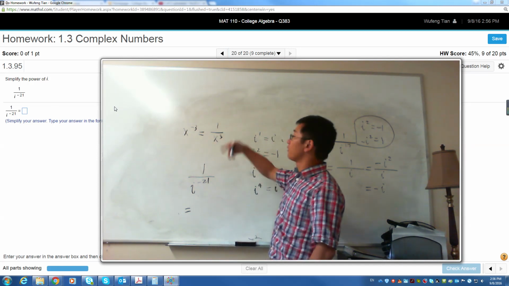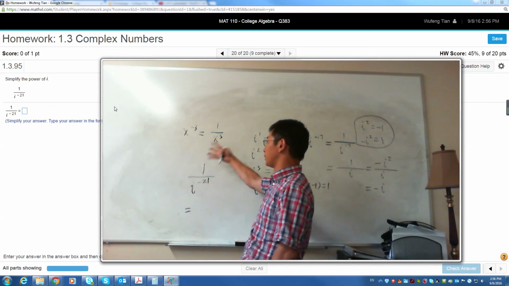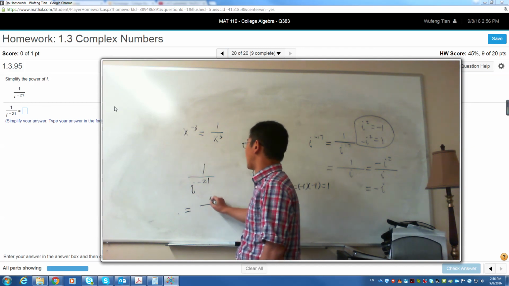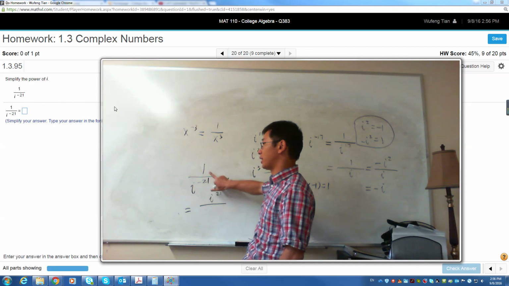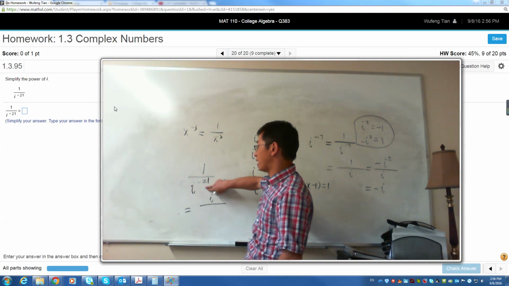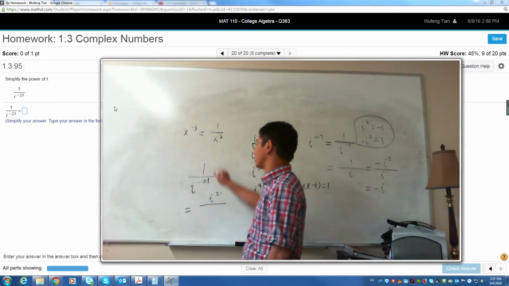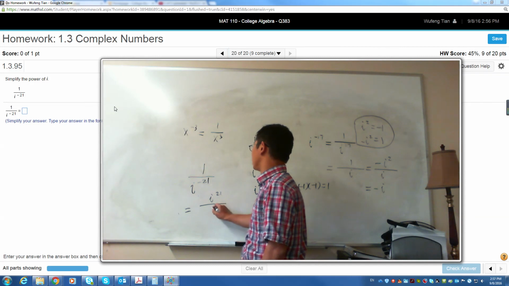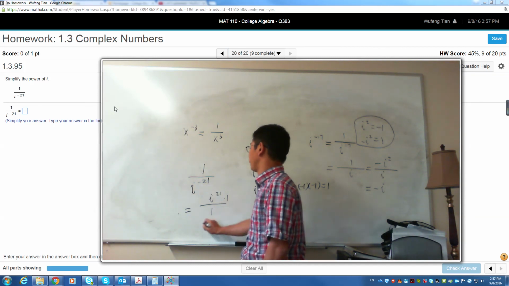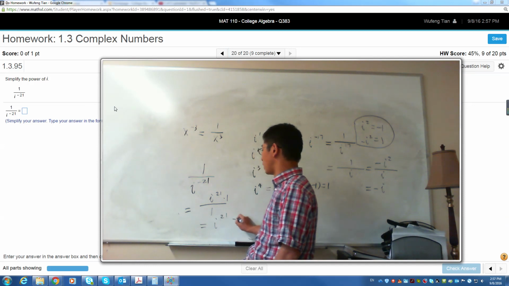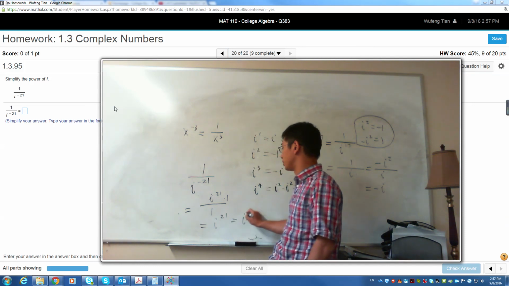If you have a negative power in the bottom, you flip it over, so it's going to be i to the positive 21. I think your teacher probably told you before: if it's down, it's negative; you put it up, it's positive. So you put it up, and you have 1 in the bottom, which is just i to the positive 21. Divided by 4, the remainder is 1, so it's just i.